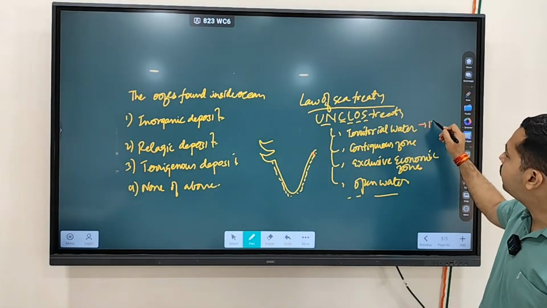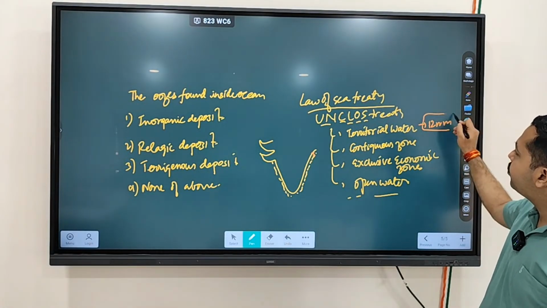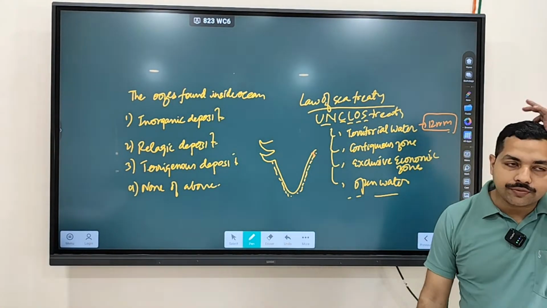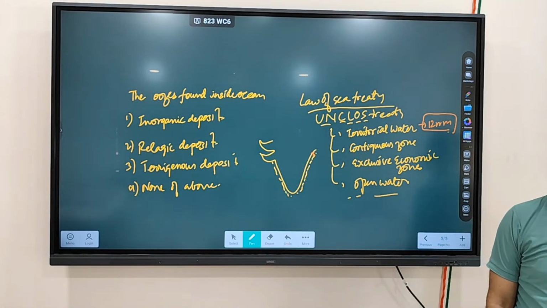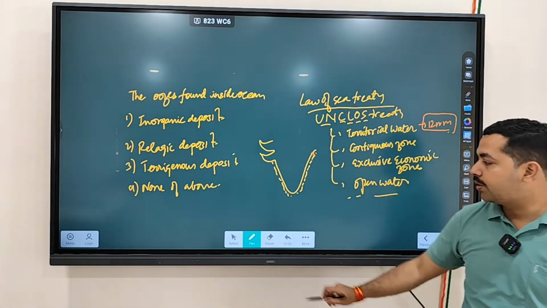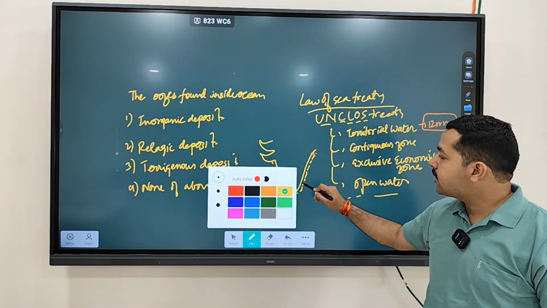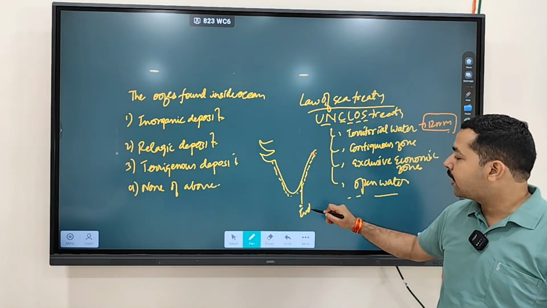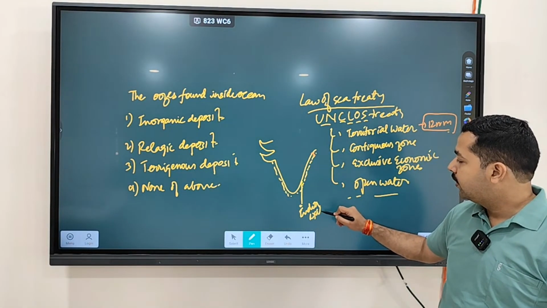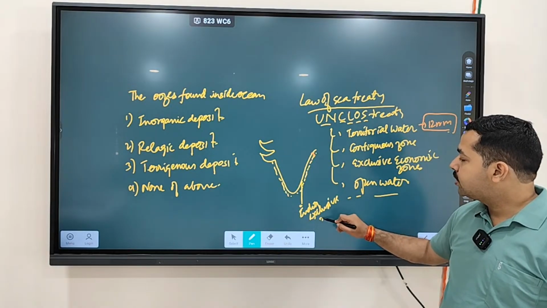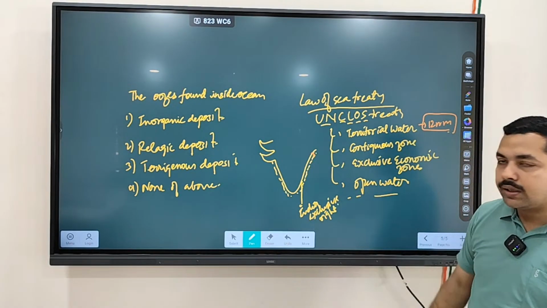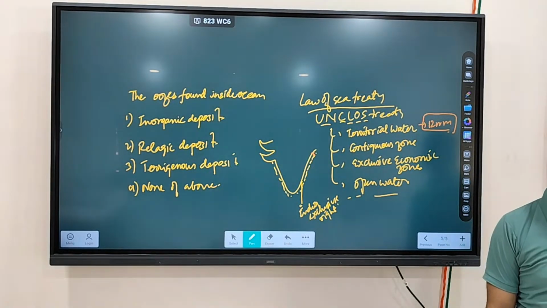Generally 12 nautical miles. Territorial water means India has exclusive right to use this water. No other country can use it.